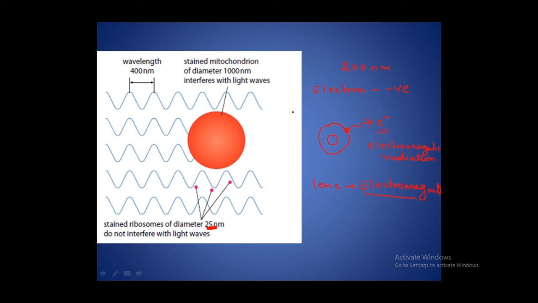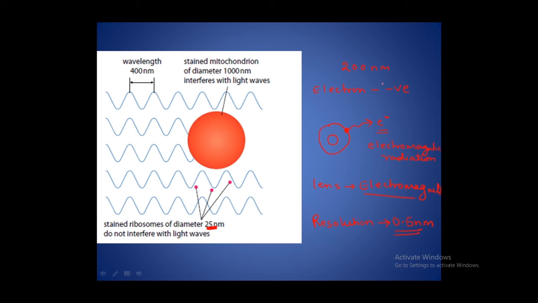Now, this electron microscope has a resolution, and of course the resolution will be very high. It has a resolution of 0.5 nanometer. That is the maximum resolution that can be achieved using an electron microscope, which is actually 400 times better than the light microscope.